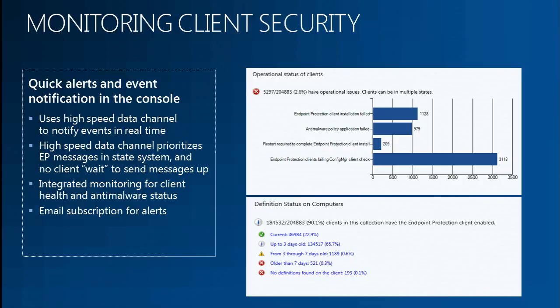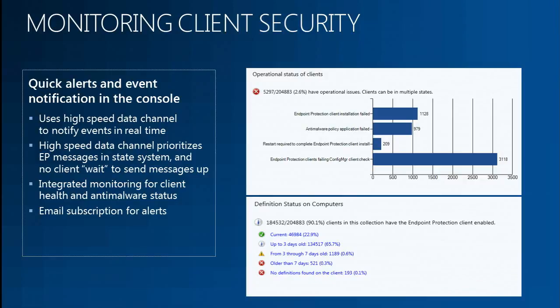One last bullet here, and this is something I'll probably forget to talk about in the demo. This email subscription is new. Forefront Endpoint Protection had the same email alerting system, but the subscription model is new in the sense that you can subscribe an alias or a distribution list to a particular event without defining them as admins in the console.